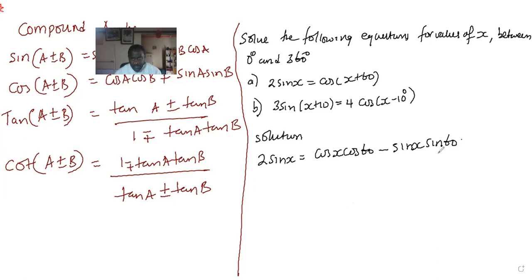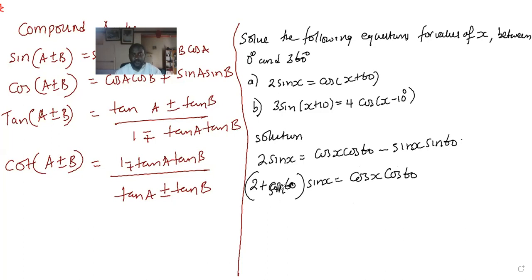You can see that you can bring the sine over this side. We shall have 2 plus cos 60 sine 60 over sine of x is equal to cos x cos 60.